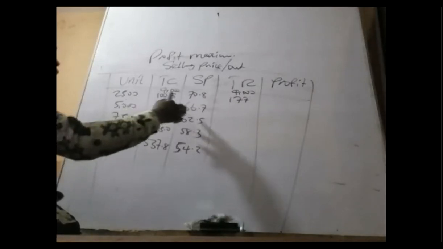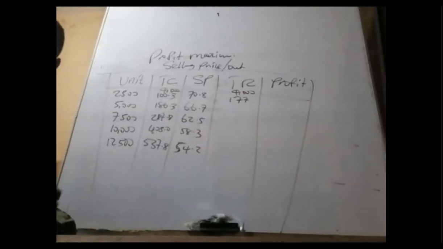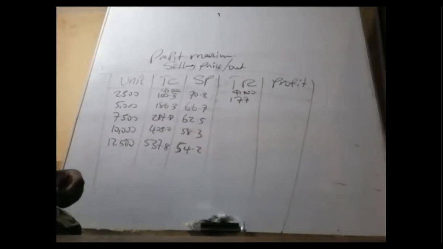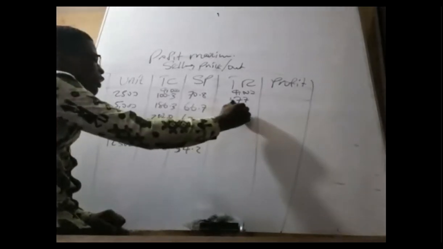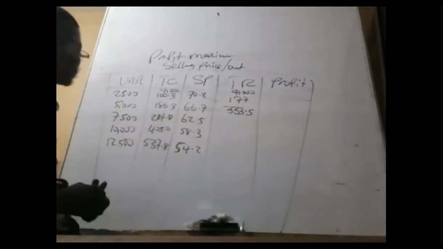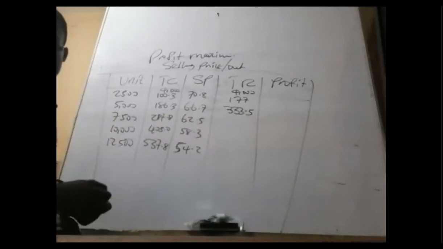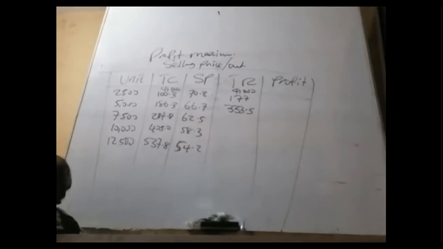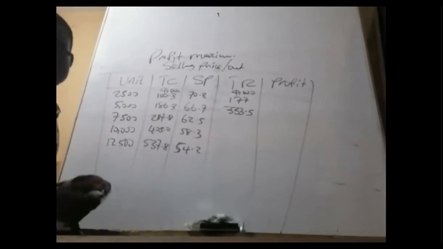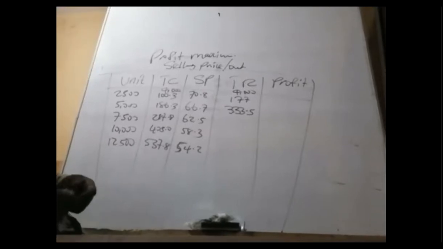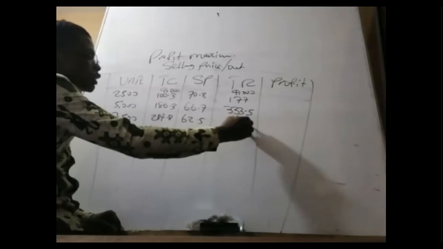Then 66.7 times 5,000 gives 333.5. The next one, 62.5 times 7,500, gives 468.8.